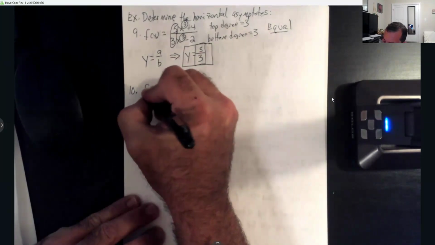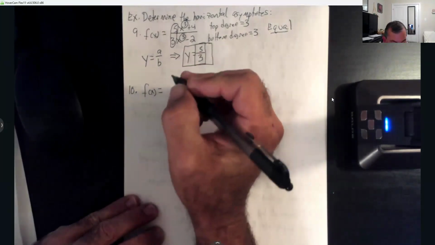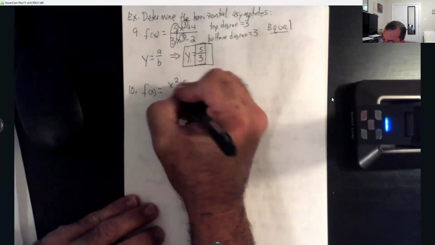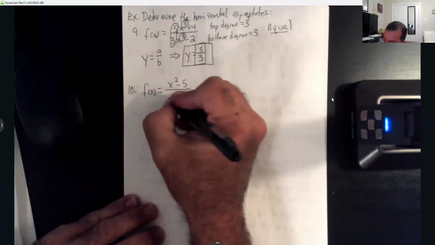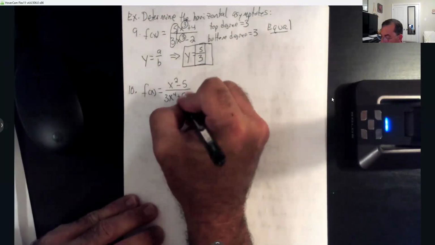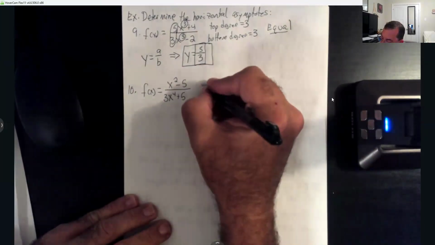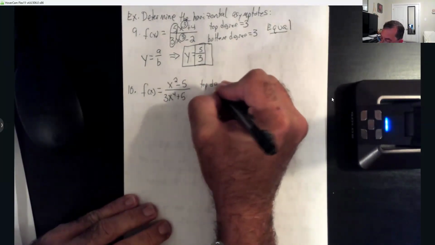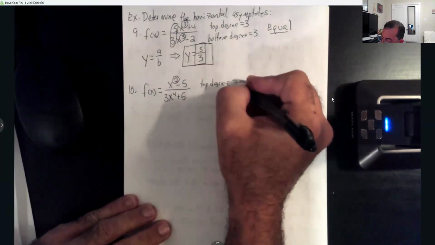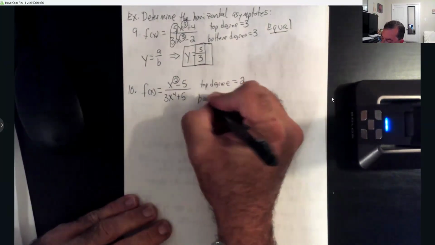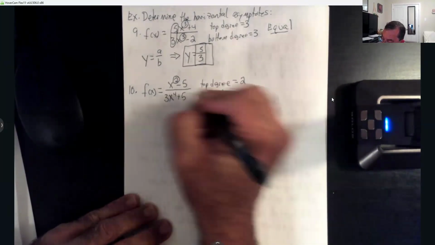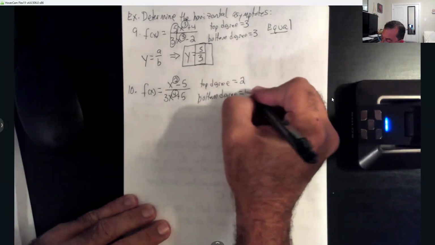All right, y'all, let's try this one. F of x equals x squared minus 5 over 3x to the fourth plus 5. So let's see, the top degree is 2. The bottom degree is 4.